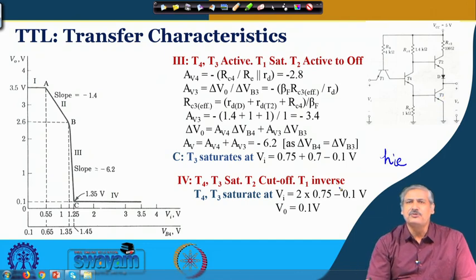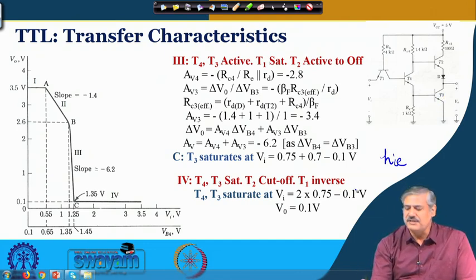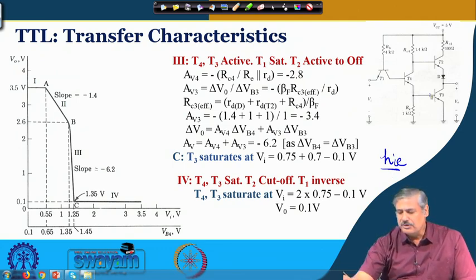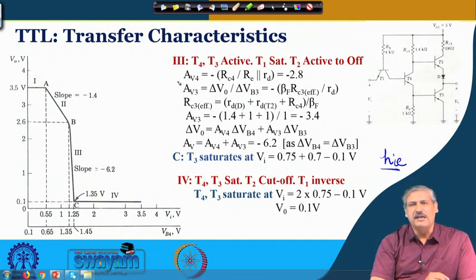Otherwise, those who are familiar with H parameter representation, this is nothing but the HIE in the H parameter 2-port representation. So, this resistance will come in parallel with RE, and because of which this gain will become RE parallel RD in the denominator and RC4 in the numerator.